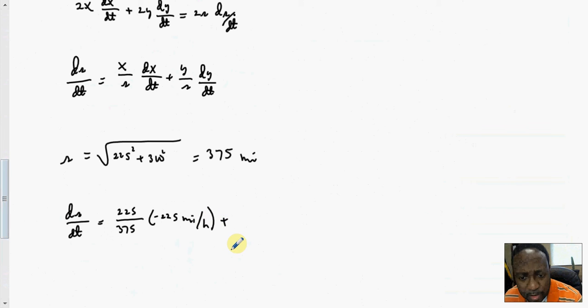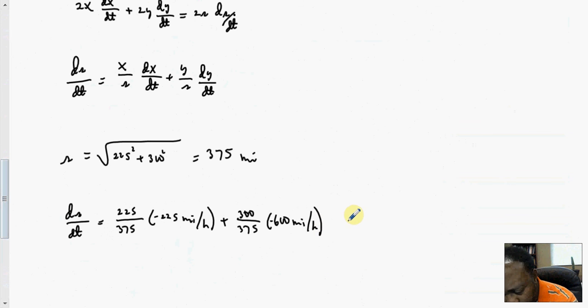Then plus y, which was the 300 miles over s, 375 times its rate, negative 600 miles per hour. And then you calculate that on your calculator.